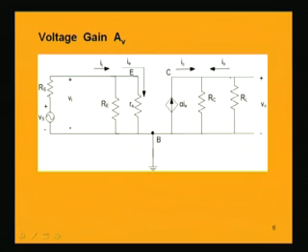V naught is equal to minus I naught into RL, because this point is positive and this point is negative as far as V naught is concerned, but we are finding I naught into RL. I naught is basically flowing this way, from bottom to top. So, its direction is reversed from what we are assuming for V naught. So, it will be minus I naught into RL.